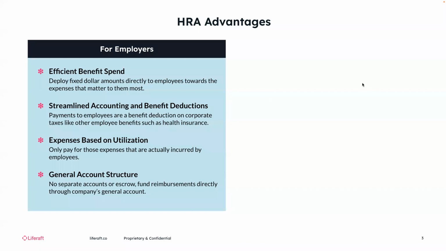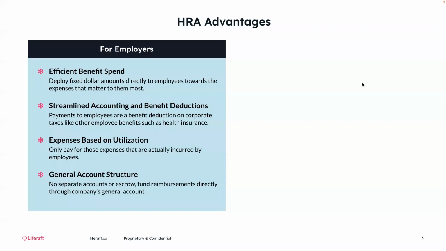I think the other thing that's really powerful here is with the HRA, unlike an HSA, the HRA is going to be considered a general account ERISA plan. What does that mean? You do not have to segregate funds and allocate them into a separate account. It is all coming out of your company's general account. And what are the advantages of that?